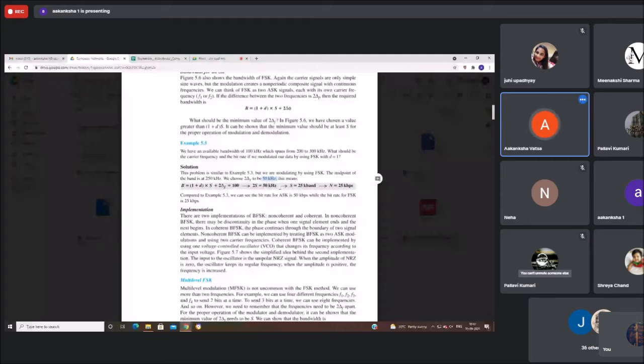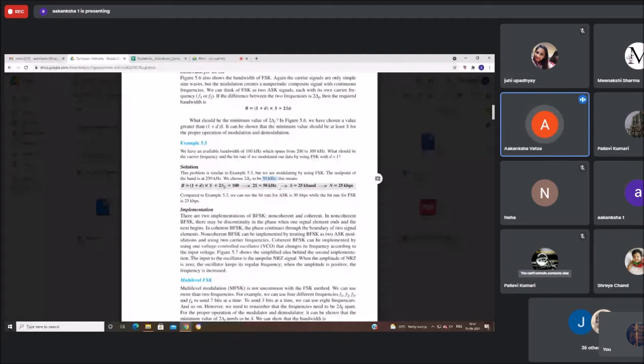Therefore S will be 25 kilobaud. Now if S is 25 kilobaud and S is equal to N, then N will be 25 kilobits per second. That is the data rate or bit rate.